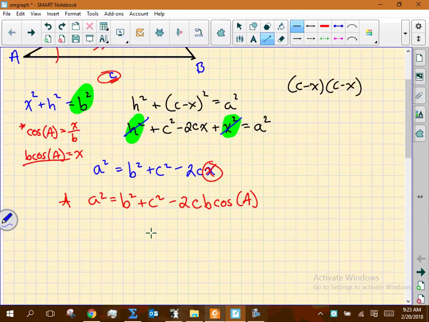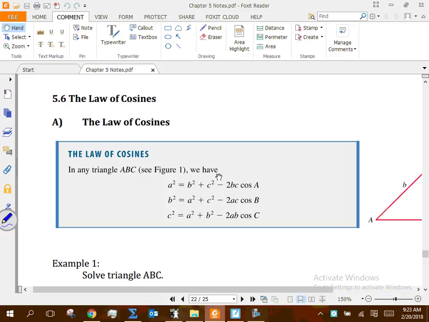What I think is useful, because I'm not going to tell you to memorize all three of these, because they're really the same. This is kind of a pattern that we see as we look at the objects that are being solved for in the formula, a squared, b squared, and c squared, and the angles that kind of finish off the formula, the last input value that you use in your formulas, capital A, capital B, capital C. They're kind of mirror images of one another, right?